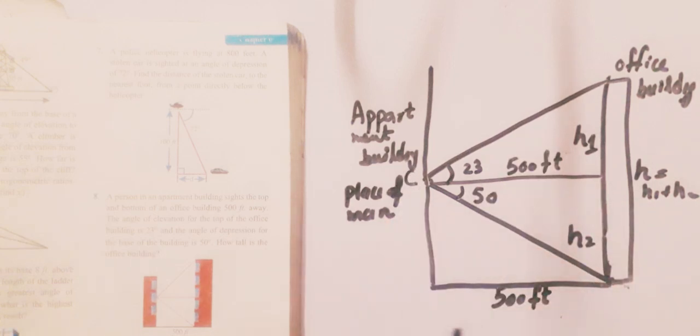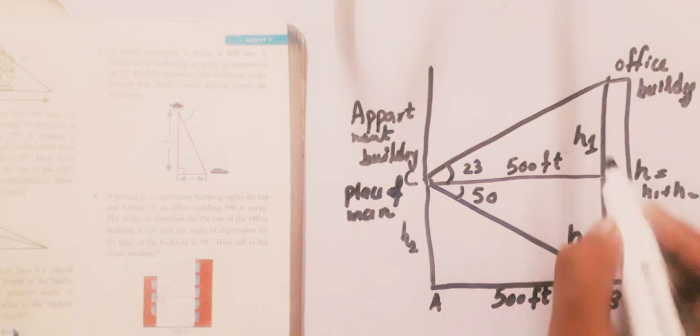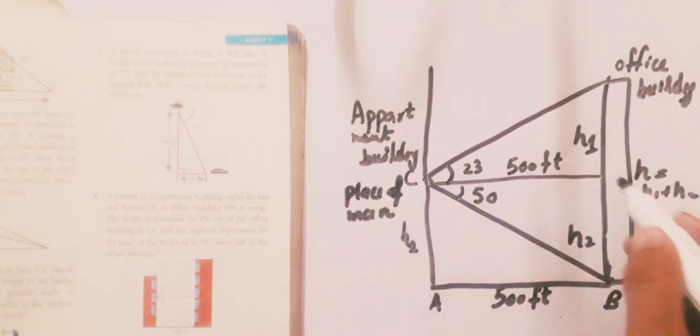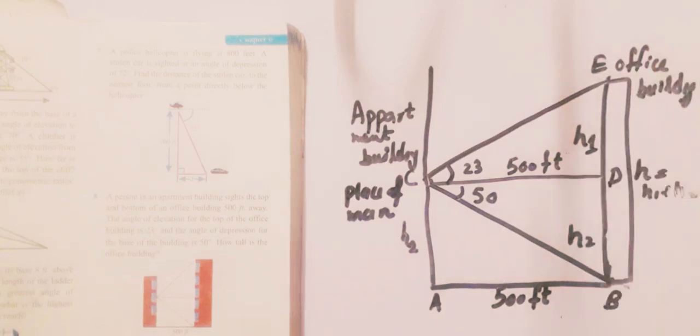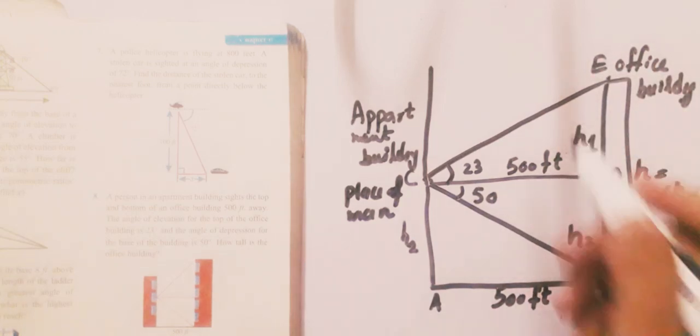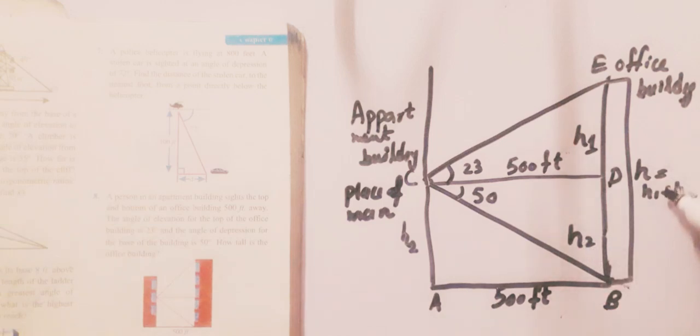This is the point C, this point is A, this point is B. This height is also h2, this height is h1 and this point is D and this point is E. Now we will use both these triangles to find the height h, which is equal to h1 plus h2. First we calculate h1, then h2, then we will add both these to find the height of the office building.